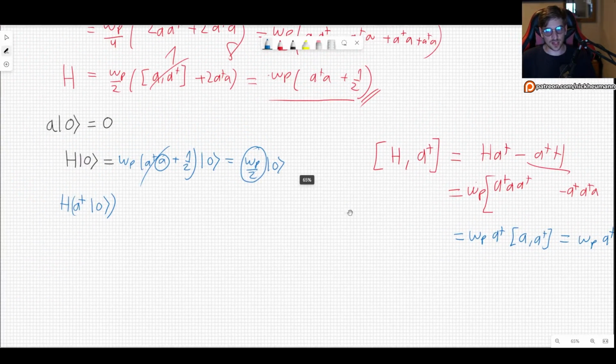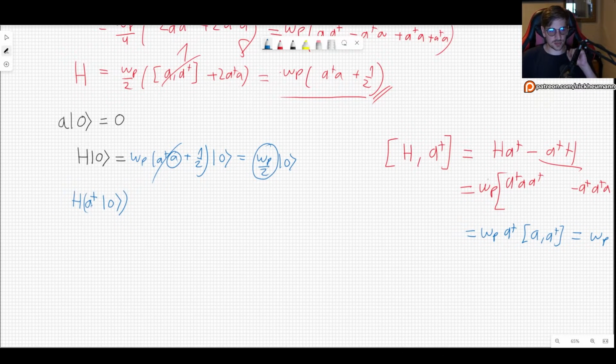Now, why do we care about this? Because of the following. If we want to have the Hamiltonian acting on the first excited state, which will give us the energy of the first excited state, well, we don't really know what it is just now, but we do know some other things. So we would really like to switch around the Hamiltonian with the raising operator, because we do know what H acting on 0 is.